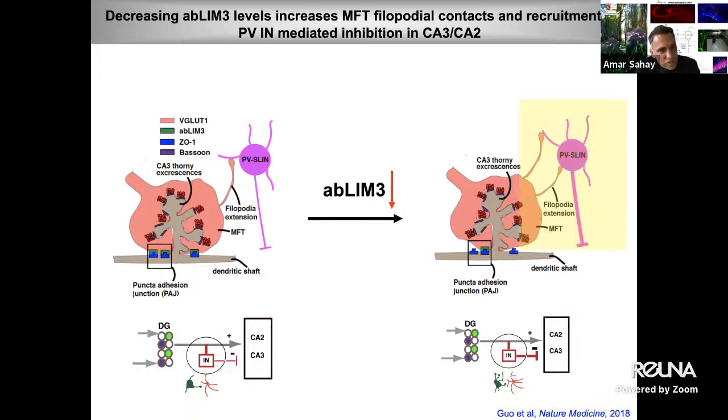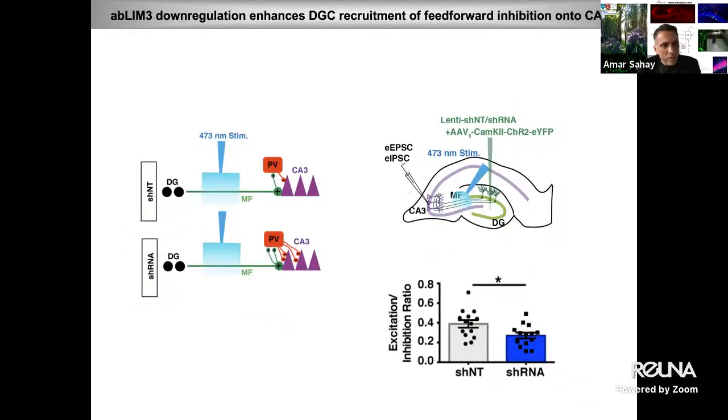These anatomical changes that are schematized on this slide were corroborated with physiological recordings in CA3 neurons, as shown over here, as well as in PV neurons, and you can find that in the paper. Basically, in this experiment, we expressed channelrhodopsin in the dentate gyrus.